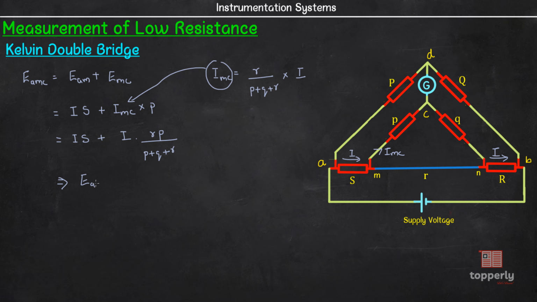So EAMC is equal to I into S plus R p by p plus q plus R. Note that this p and this q are small letters only, okay? And let us name it as equation number 5.